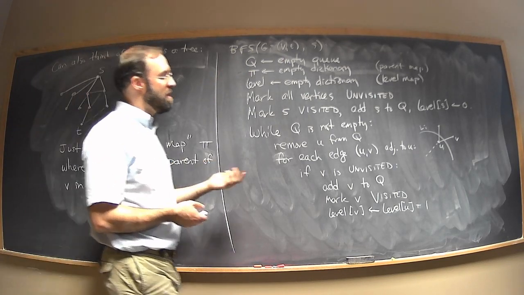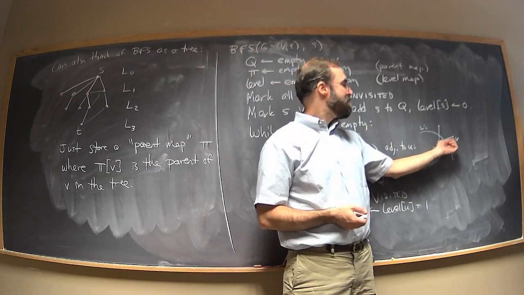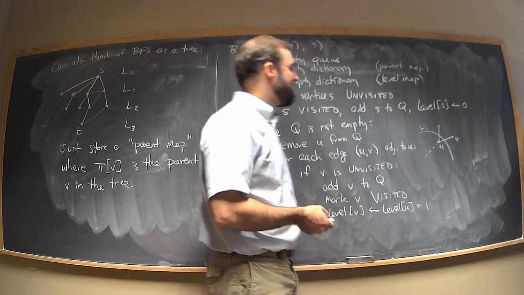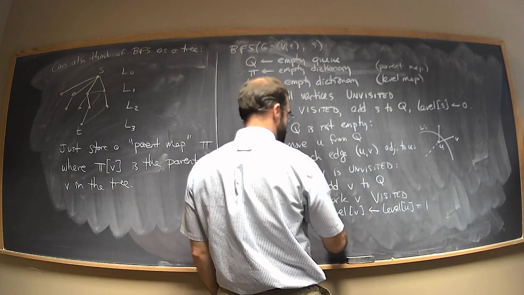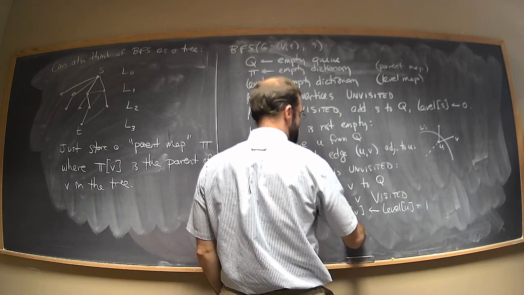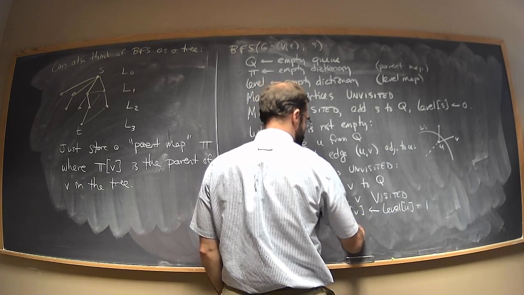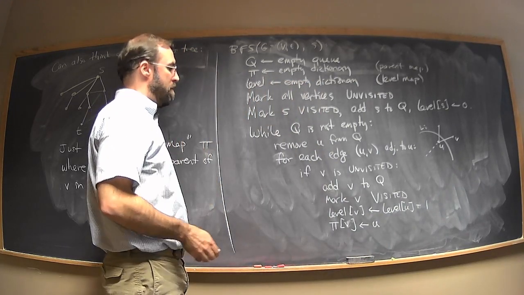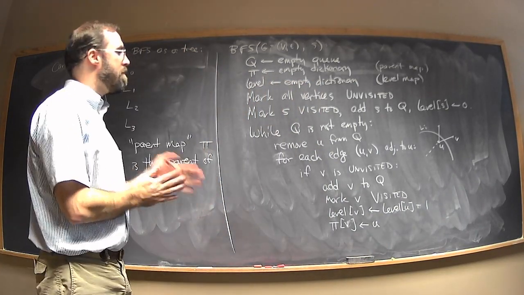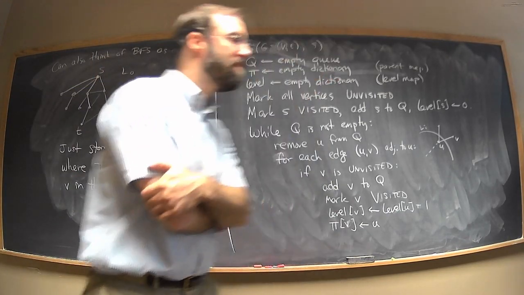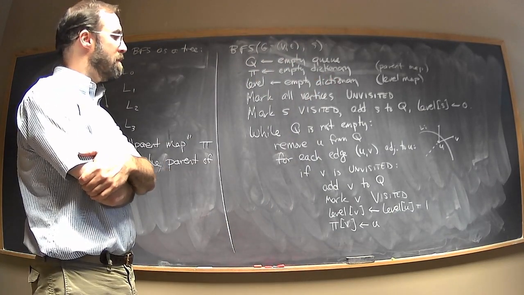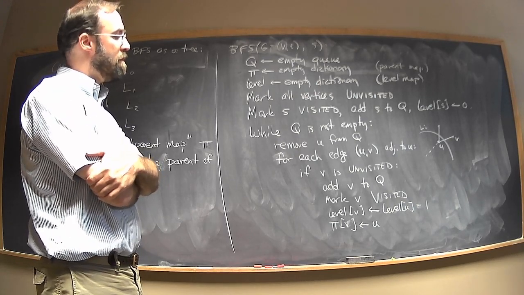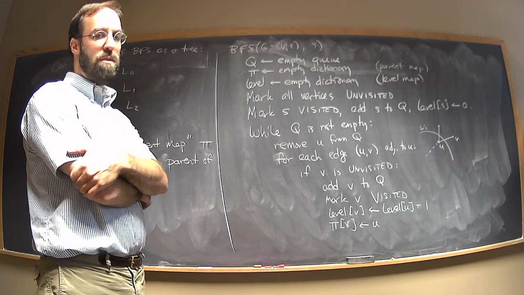We want to remember that I got to v, and the way I got there was from u. u was the parent of v in this search. So I'm going to set the parent of v to u. Okay, that's it. Good. Questions?